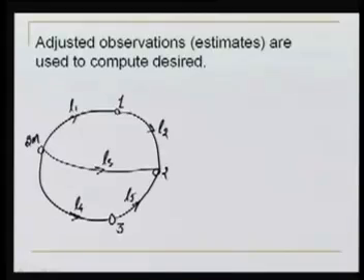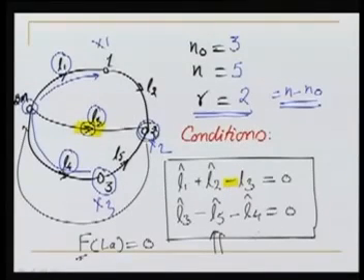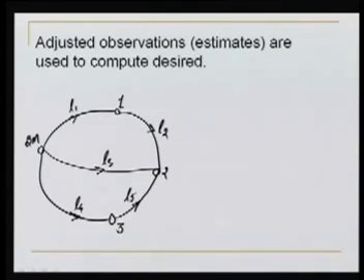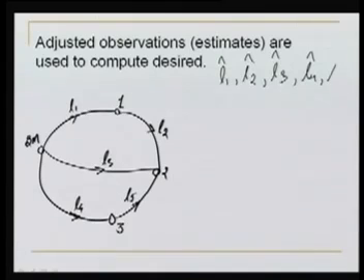So later on, we'll make use of these condition equations in order to find the solution by least square. Now here in this case, using our solution of these equations, we will have a method to solve for these two equations, so that we can find L1 hat, L2 hat, L3 hat, L4 hat and L5 hat. Once these are known, that means we have now the adjusted values of these.